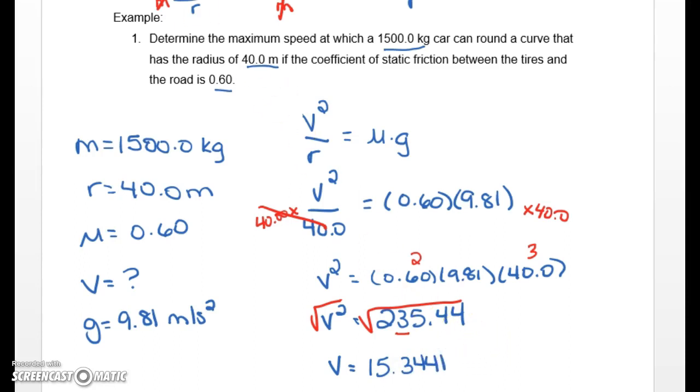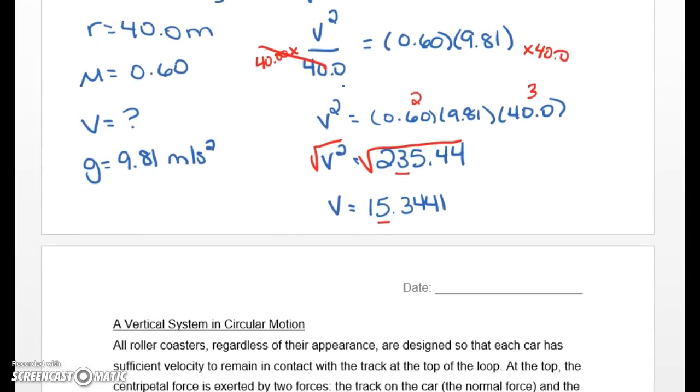That's rounded, and we'll make sure to account for sig figs there. So our value here had 2 sig figs, so our answer here should have 2 sig figs. Meaning that our answer here is going to just be 15, and our units here are meters per second.